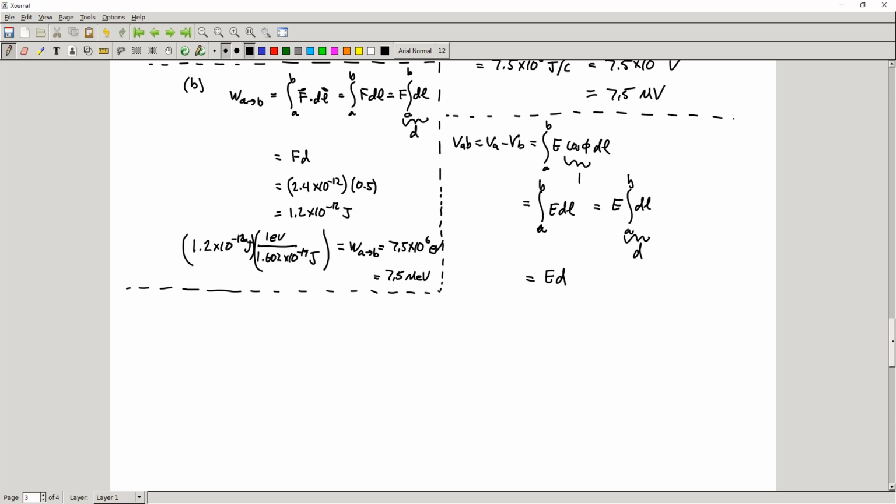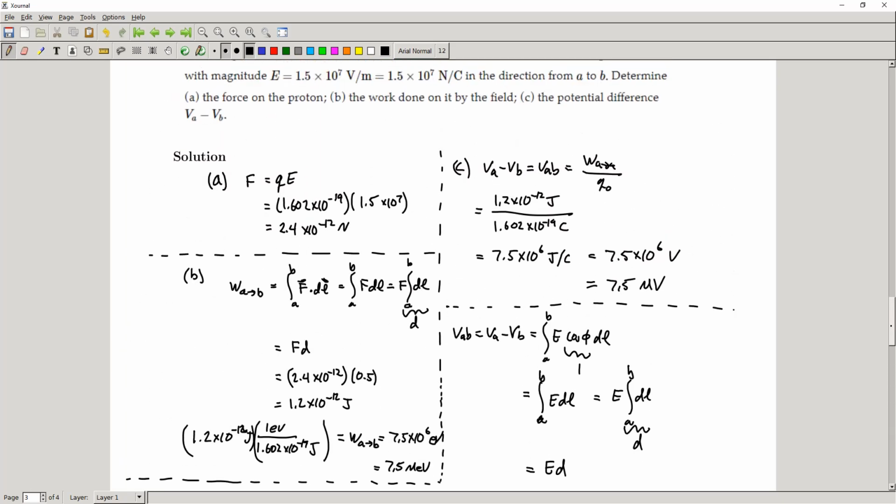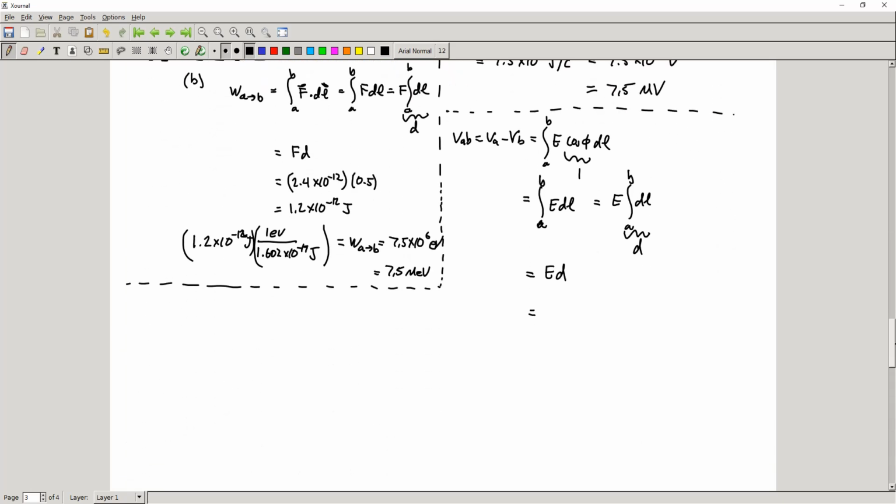Okay, and again, just by substituting in numbers, we can do that. How did I write it above here? I wrote that VAB is equal to ED, but ED is actually just 1.5 times 10 to the 7, and this is 0.5 meters. So this was our volts per meter.